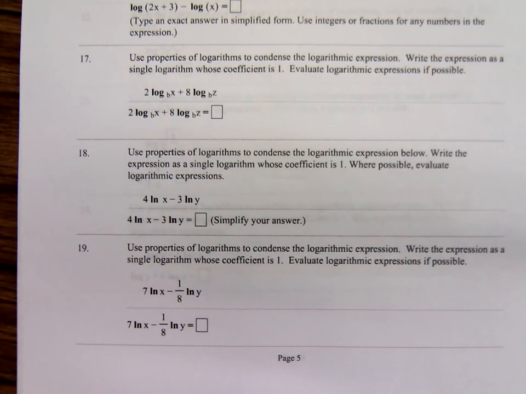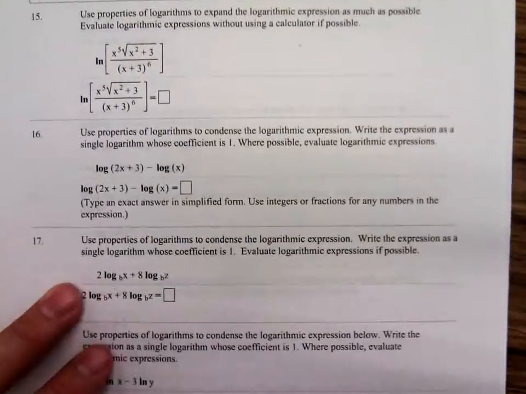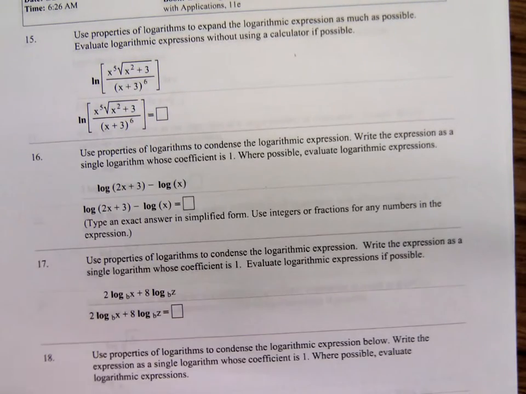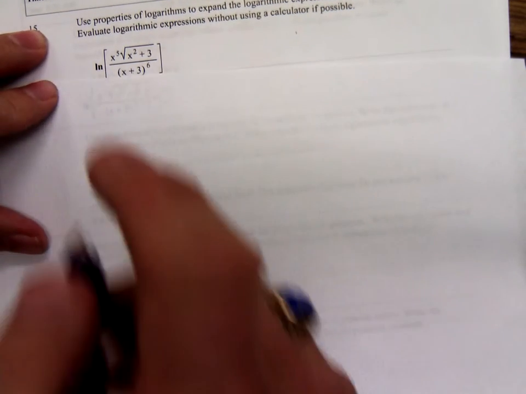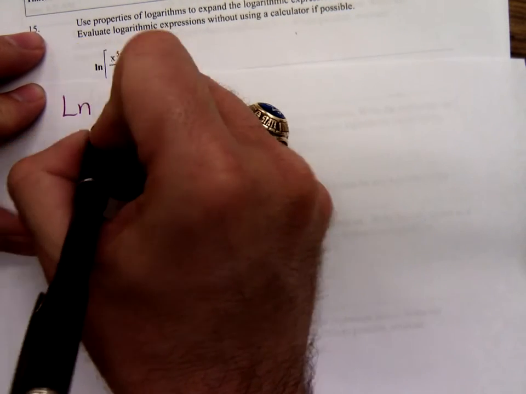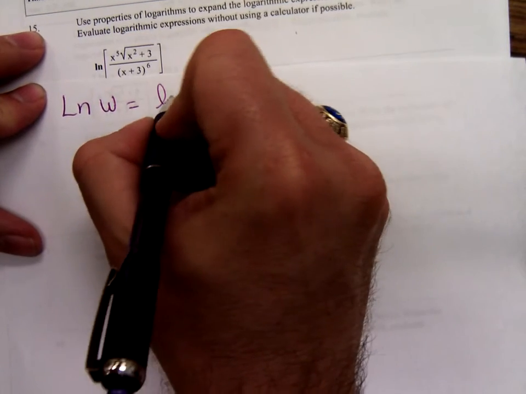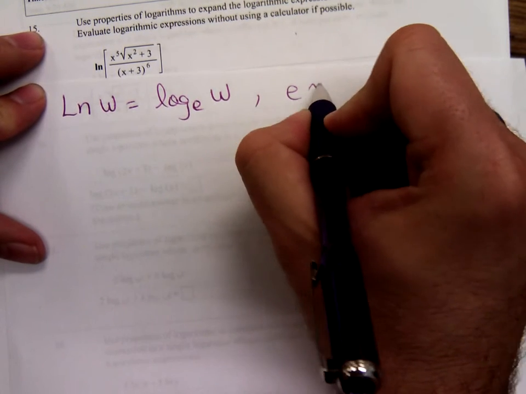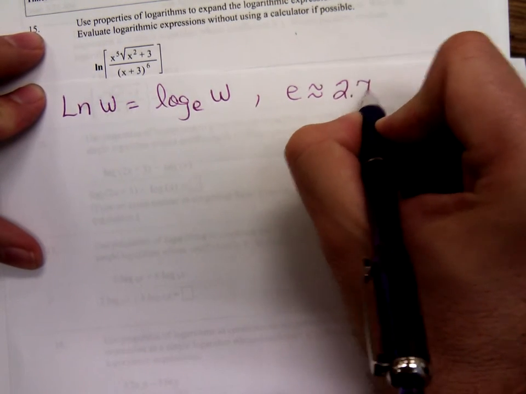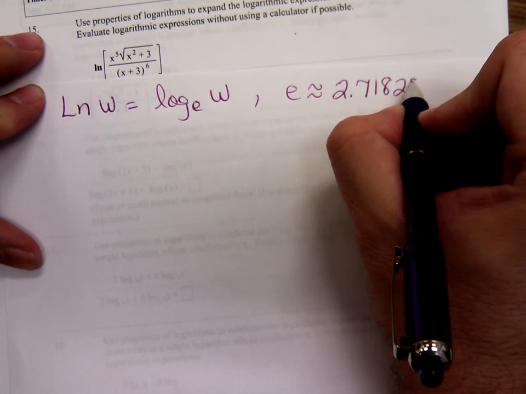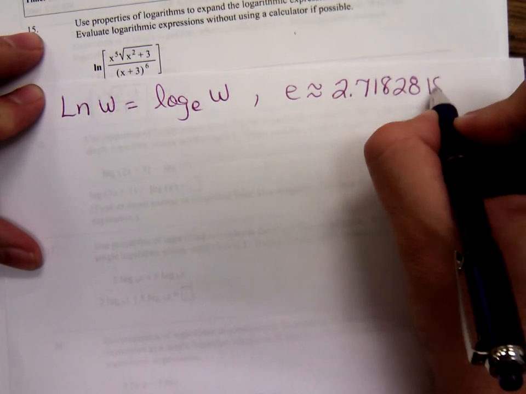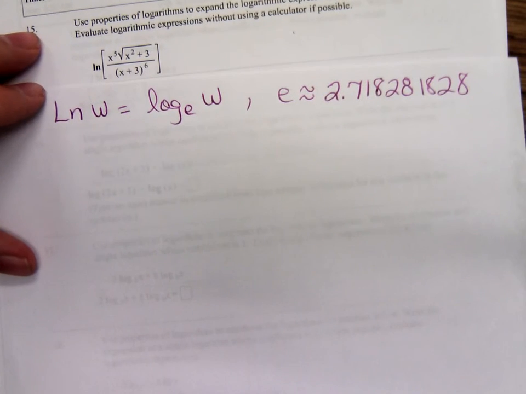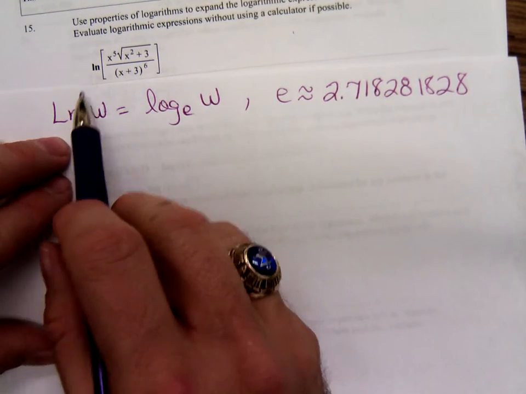Now, some notation. Number 15, this looks like an I N, but it's not. This symbol is L N. LN denotes log base E, where E is the irrational number, 2.71828, 1828. So for our purposes, it's a logarithm that's just easy to type in.